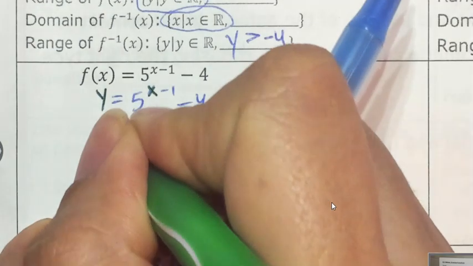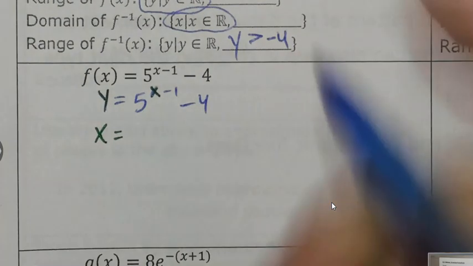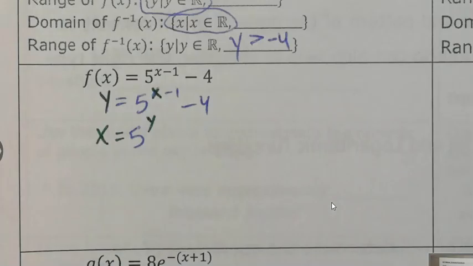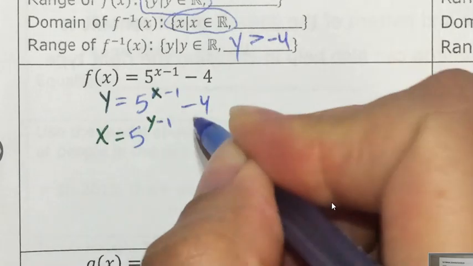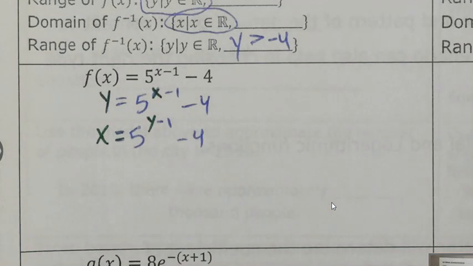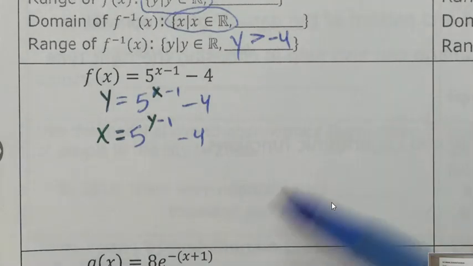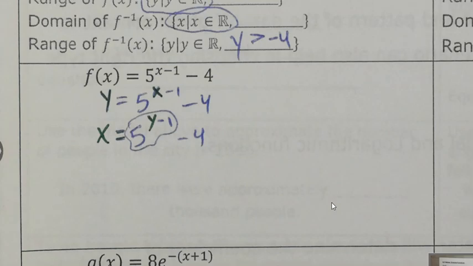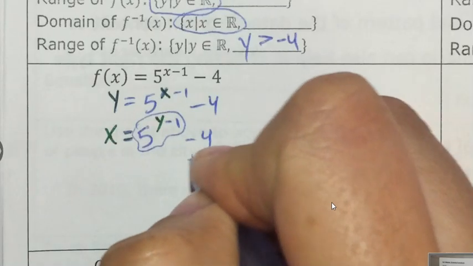So we're going to have x equals 5 to the y minus 1 and then -4. And we want to isolate for y. So we want to get this to be by itself first, so we're going to add 4.